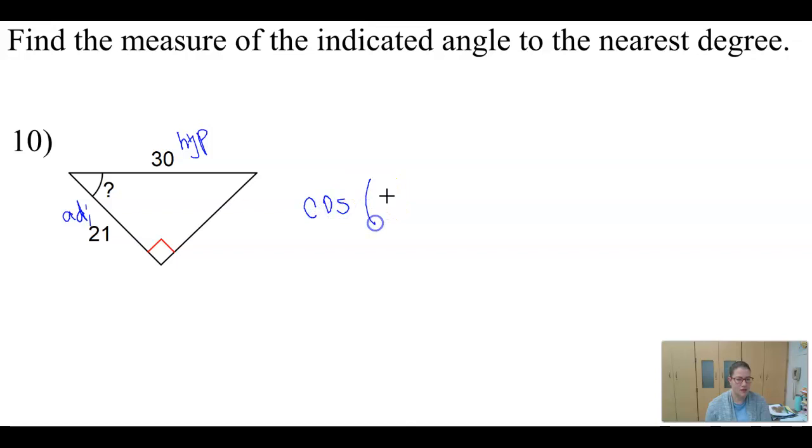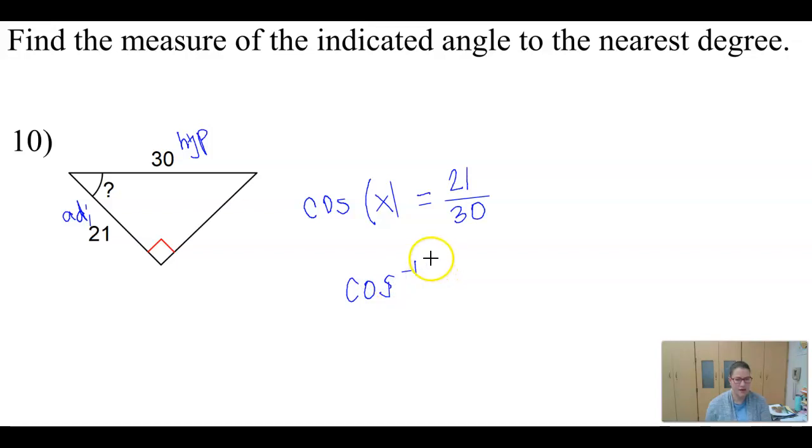So cos of x equals the adjacent side, which is 21, over the hypotenuse, which is 30. Take the cos inverse of both sides to cancel out the cosine.